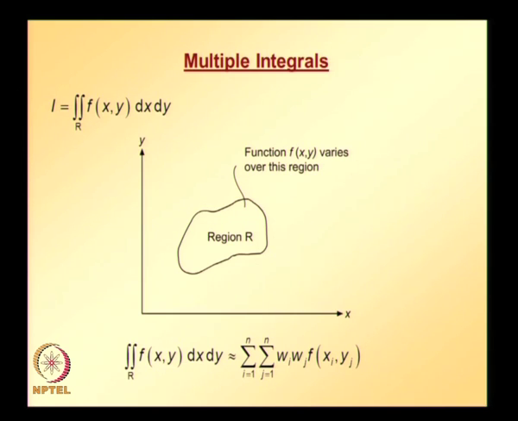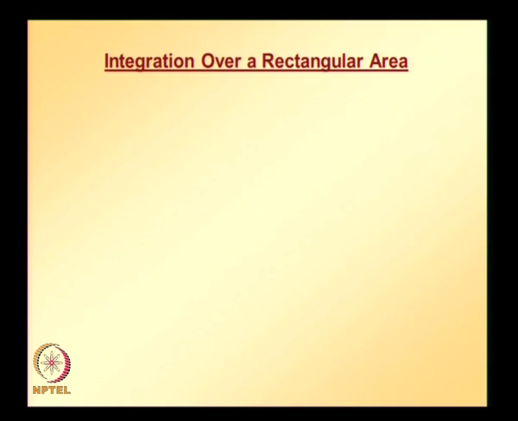Here it is going to be a Cartesian product of all the points, and locations of the points and the corresponding weights. So, we can estimate this integral using this formula, which will be illustrated here.